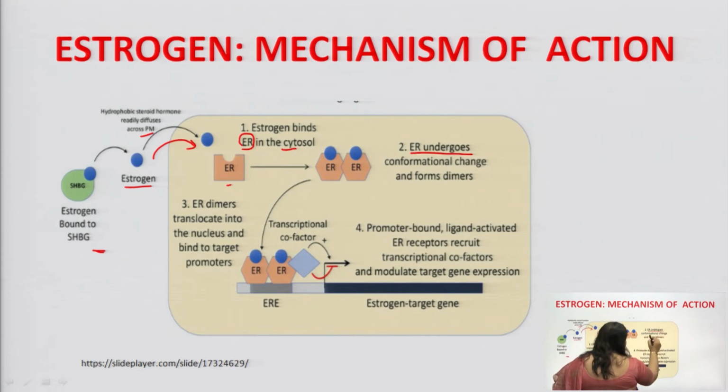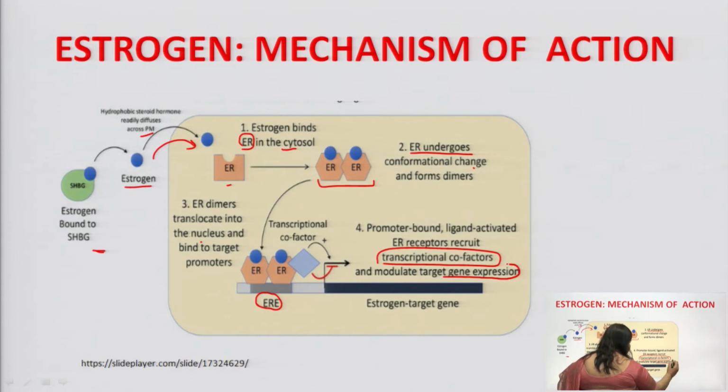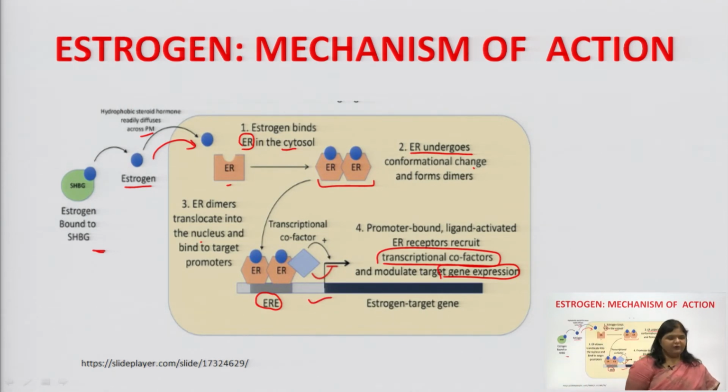Again, they undergo a conformational change and form dimers. These dimers translocate into the nucleus and bind to promoters called the estrogen response elements, and these elements then lead to transcription through various cofactors, and gene expression is modulated. This is how the action of these estrogens is produced.